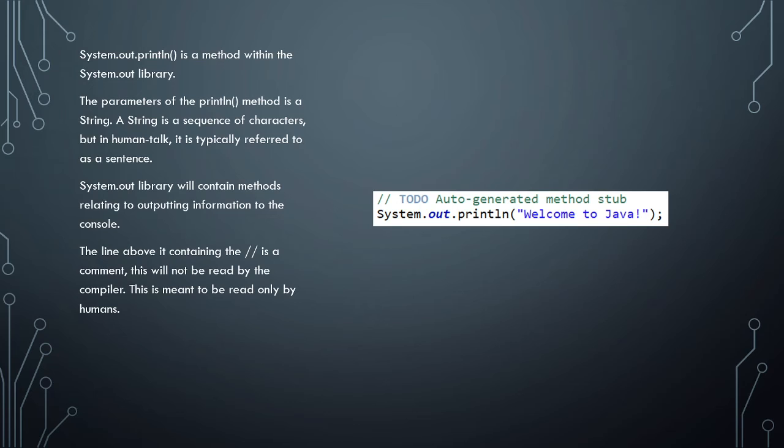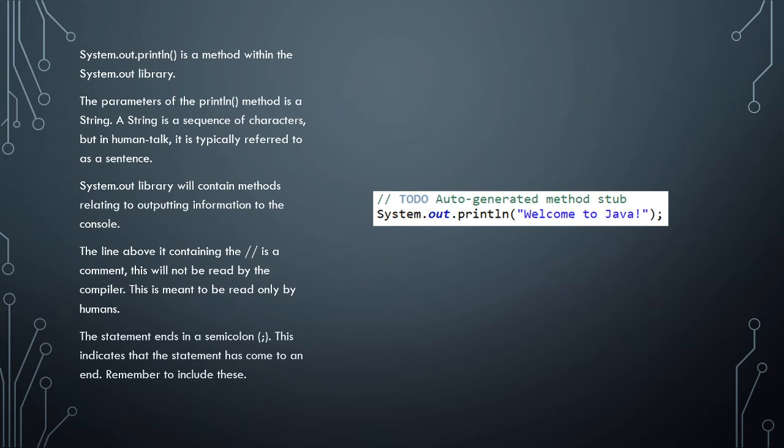So I could get rid of it, or I could keep it. It means nothing. It's just there for me to read. And then finally, as we can see, the statement ends with a semicolon. This indicates that the statement has come to an end, and you have to really remember to include these. If you don't, you'll get an error when you try compiling and running the program.